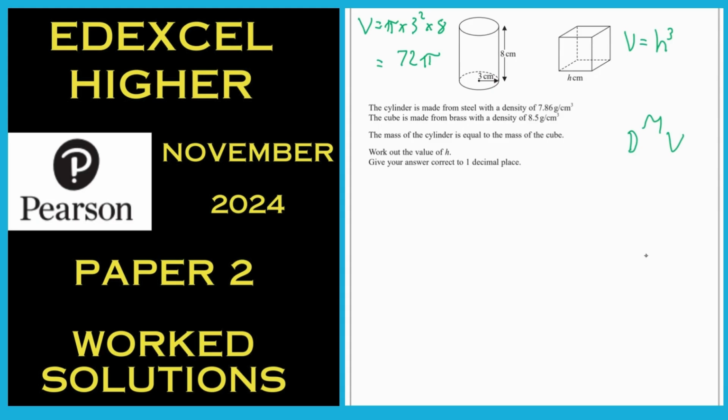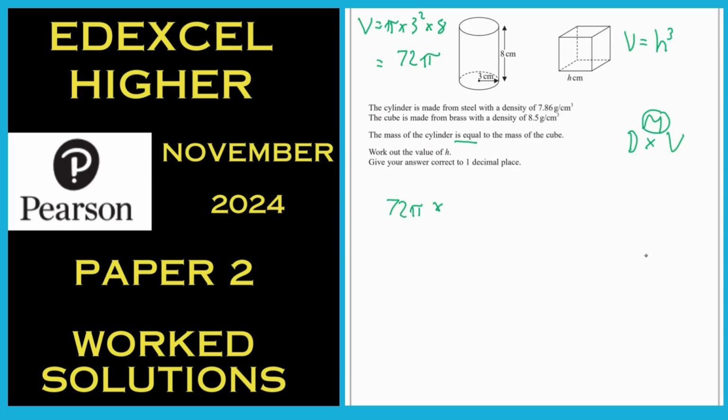We are told the mass of the cylinder is equal to the mass of the cube. The mass of the cylinder is 72 pi. That's the volume. We've got to multiply it by the density.